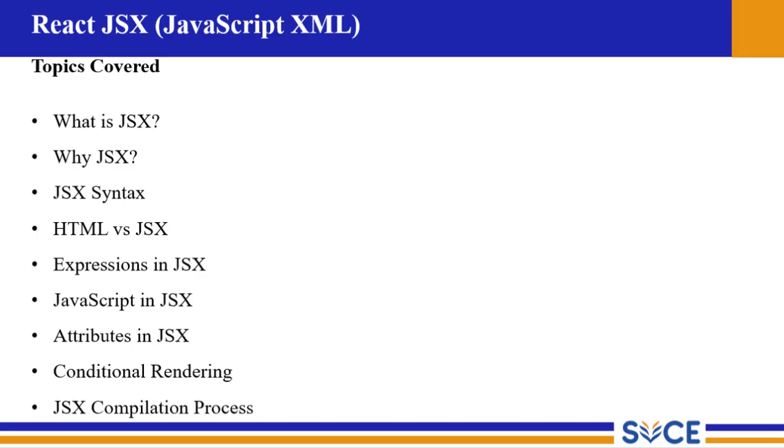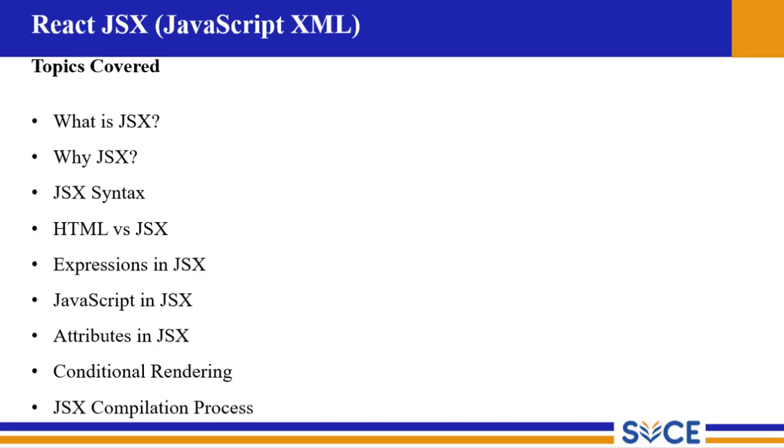Whenever you look at React code online in tutorials, documentation or real world projects, you will notice something interesting. This code will look very similar to HTML, but it is actually written in JavaScript files. This special syntax is called JSX.